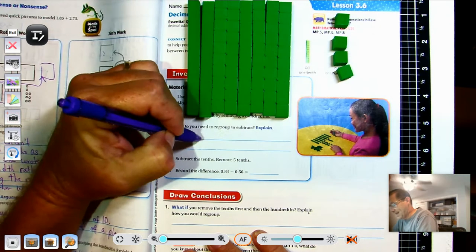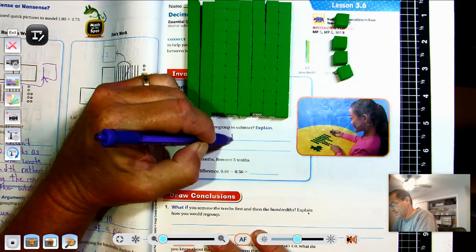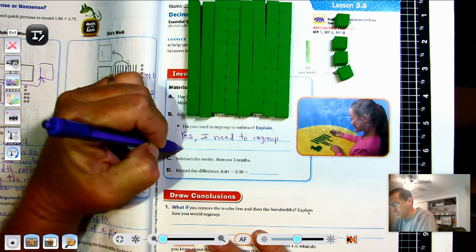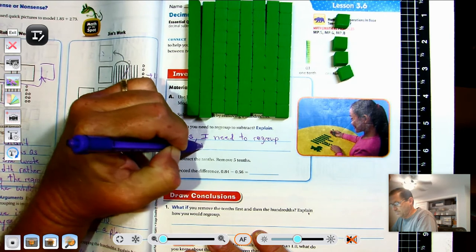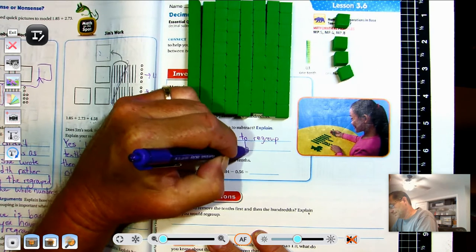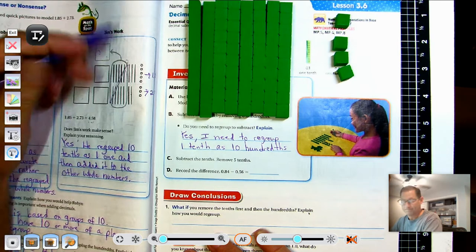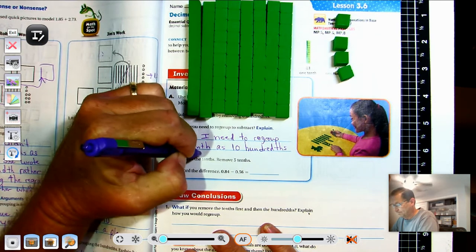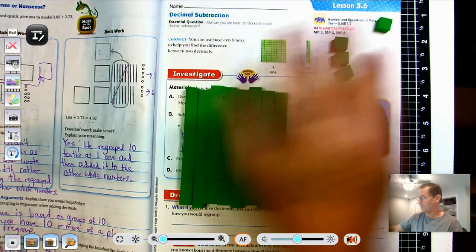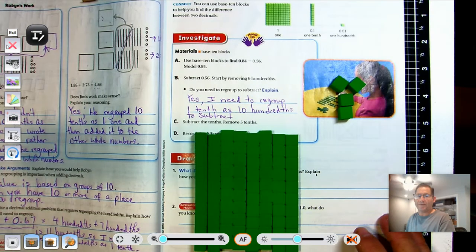Well, if you take 1/10, yes, you need to regroup 1/10 as 10 hundredths.